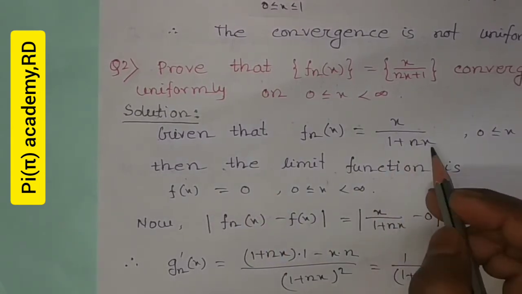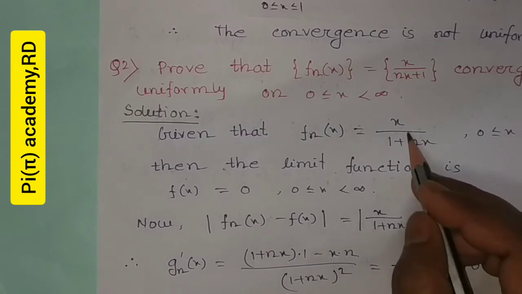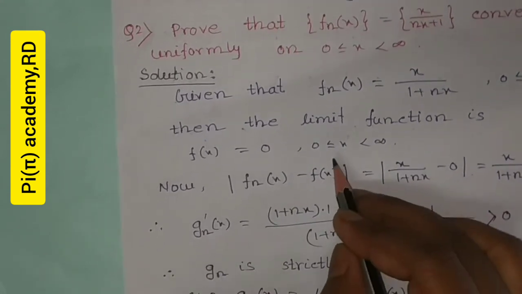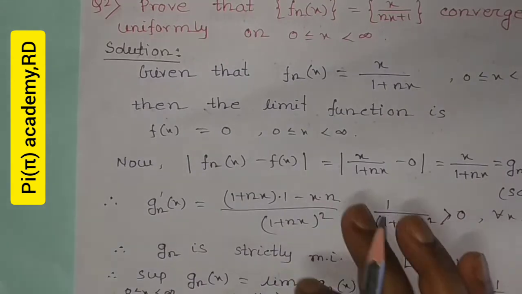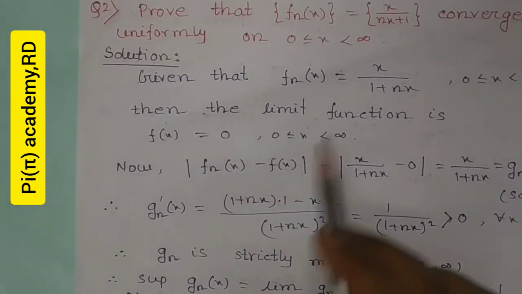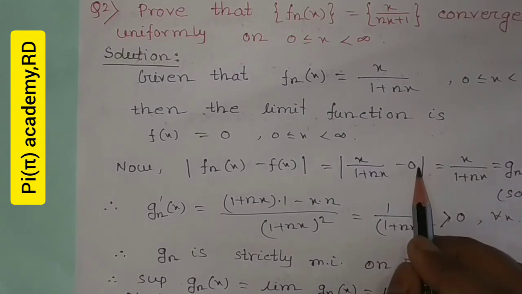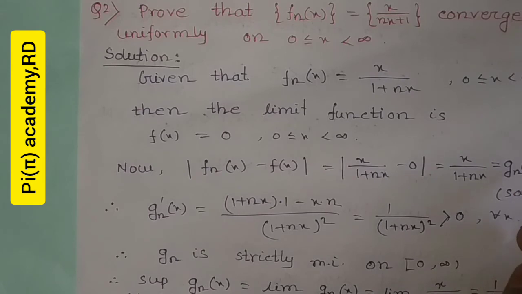Clearly when n tends to infinity, something divided by infinity equals 0. Now mod fn(x) minus f(x) equals this, and we call it gn(x).